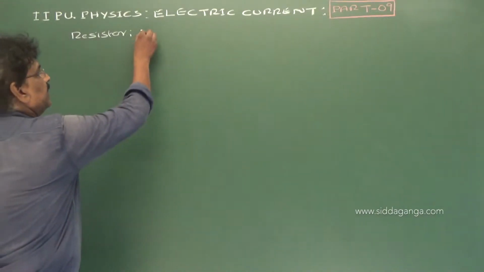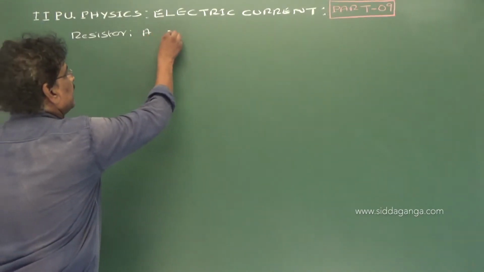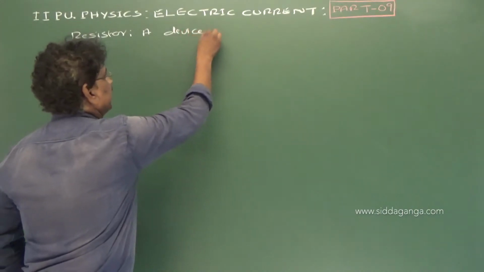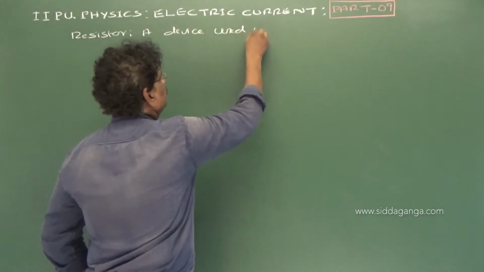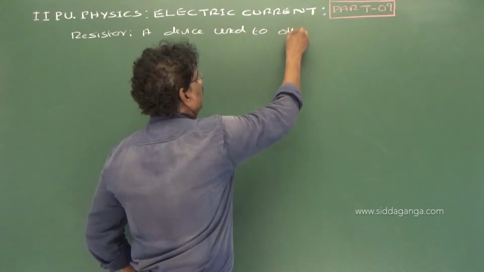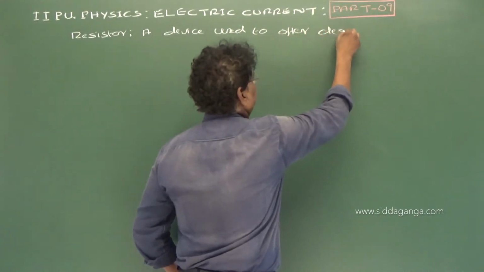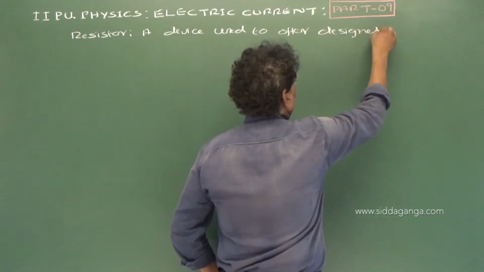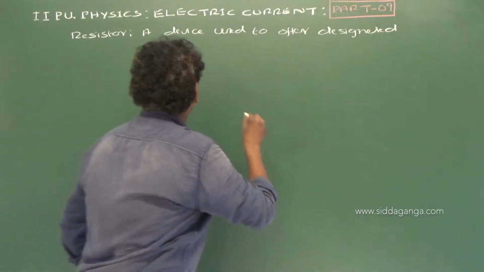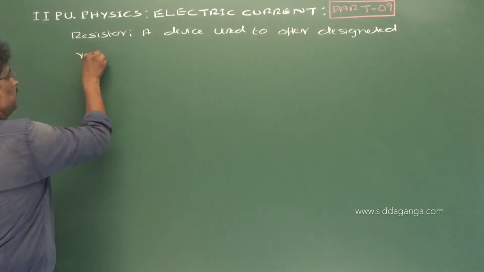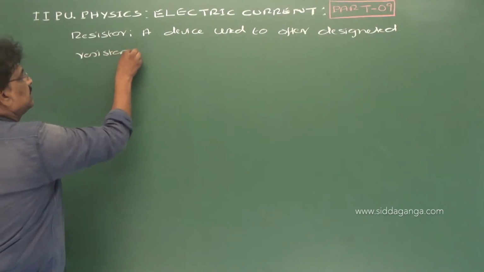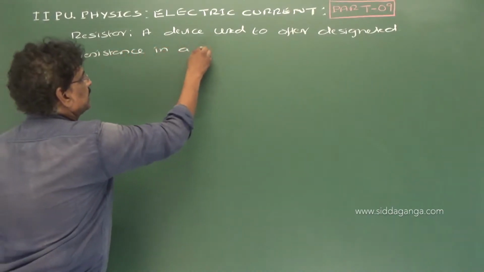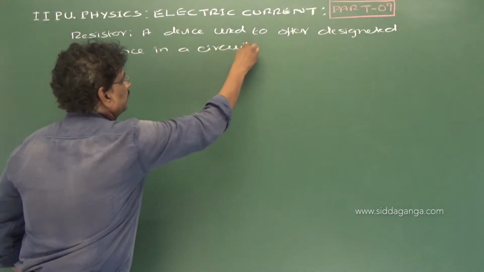So, a resistor is a device used to offer designated resistance in a circuit.